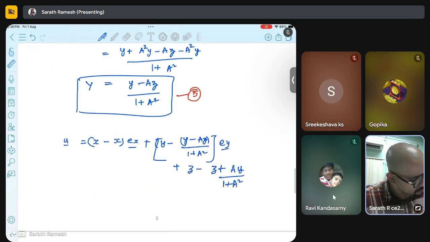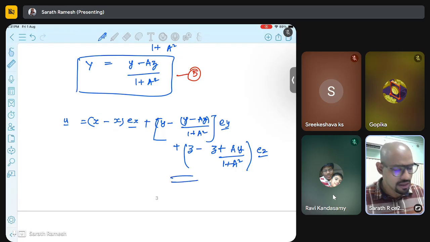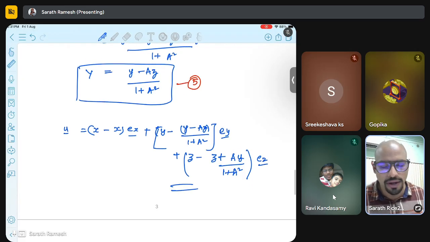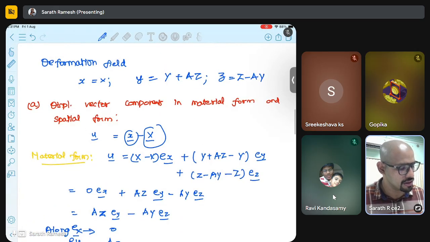Okay, this is easy. That's it. So we can do again substitution and simplify this vector further. So this is the displacement vector in spatial representation or Eulerian representation. Fine. So this is the first part of the question.